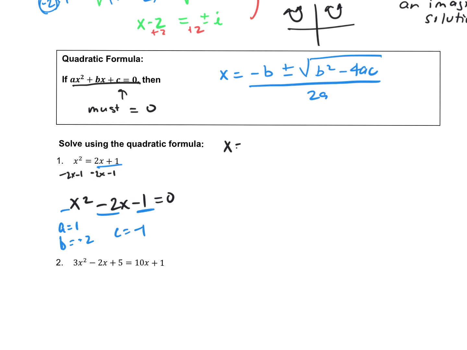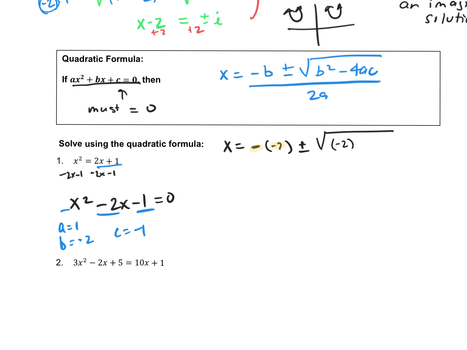So I'm going to do x equals negative, and then b is a -2. Please be careful. Make sure you understand that that's a -2 inside there. The negative on the outside is not the negative next to the b. It's on its own. It's minus a negative number here, okay? Plus or minus b squared.